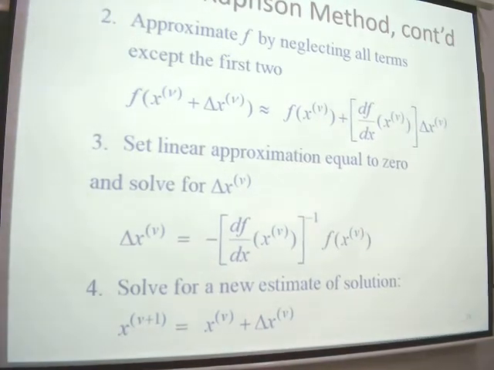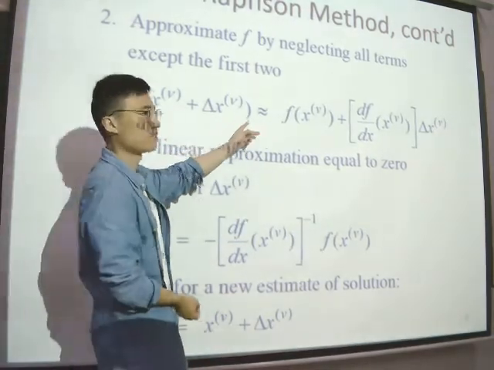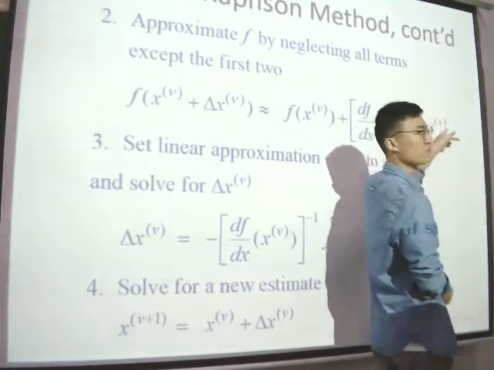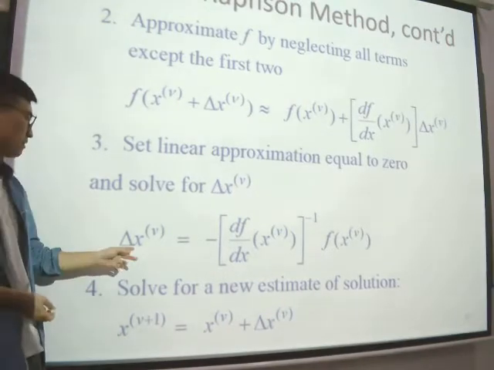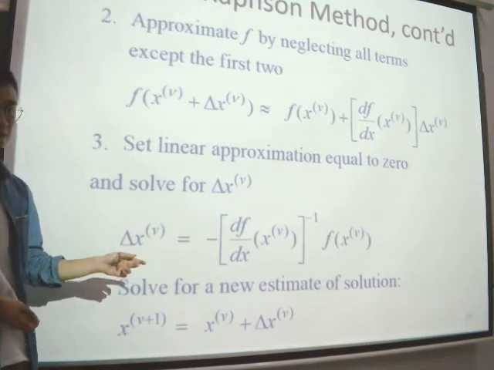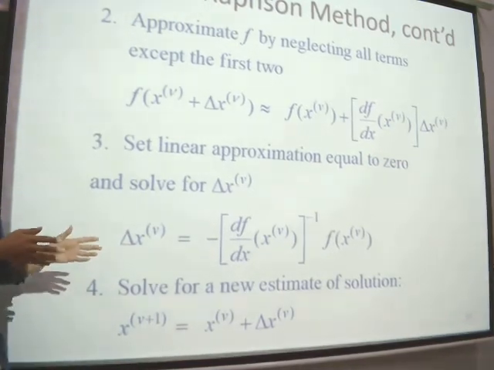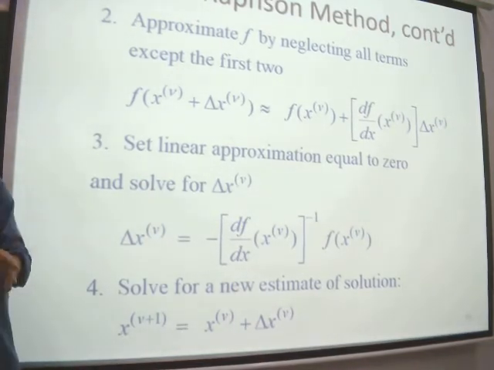And the third step is to set the linear approximation equal to 0. So we will assume that this function equals 0, and the critical criterion for stopping is delta x, the difference from the guess value to the true value.